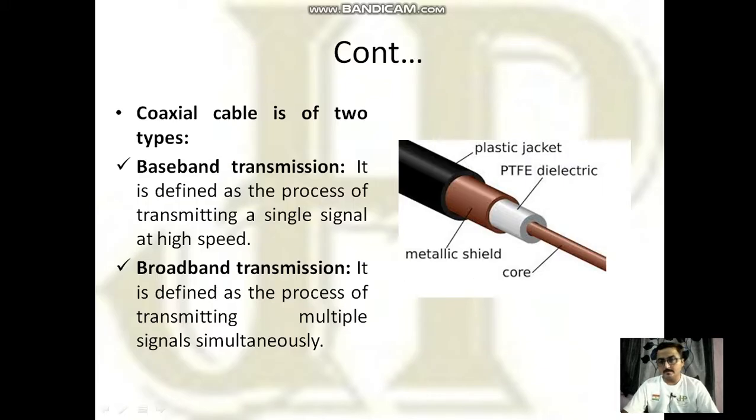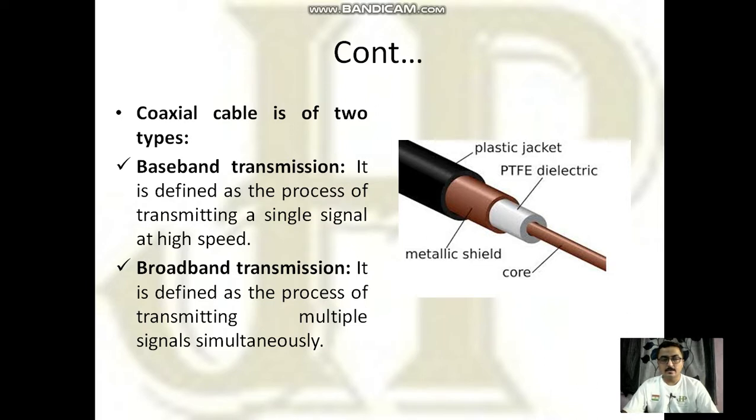Here you can see, this is the main core through which data is transferring, and this core is covered with 3 insulating layers to protect from the interference.